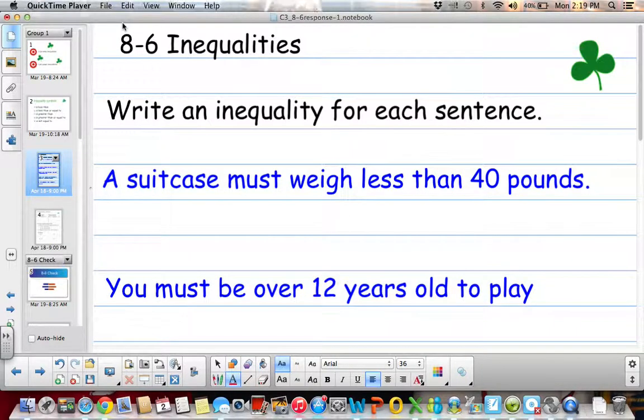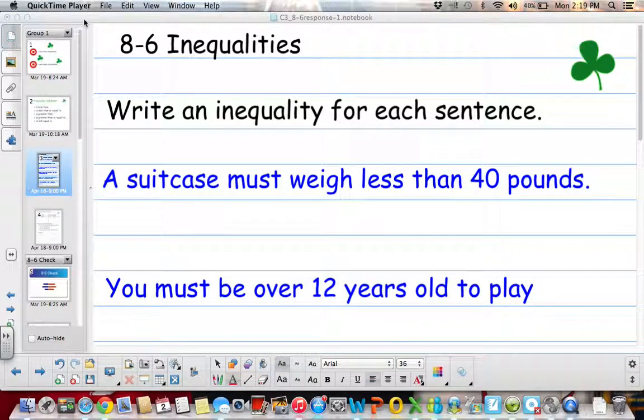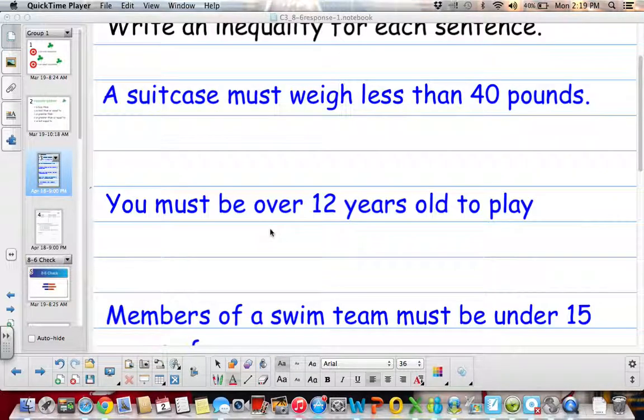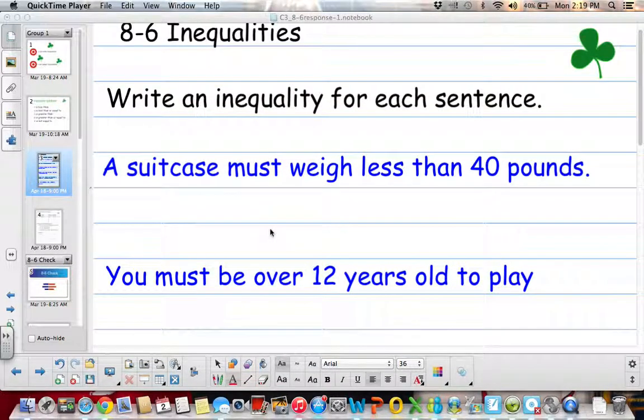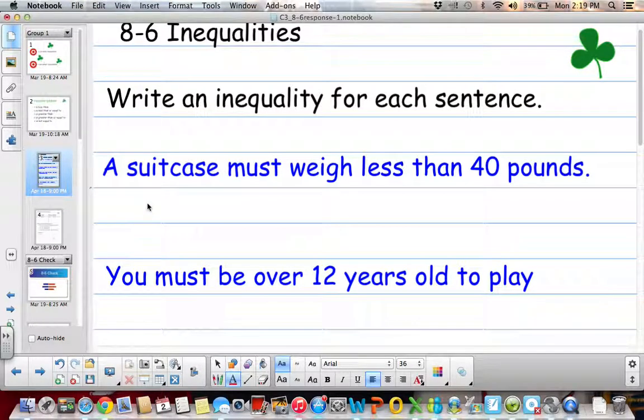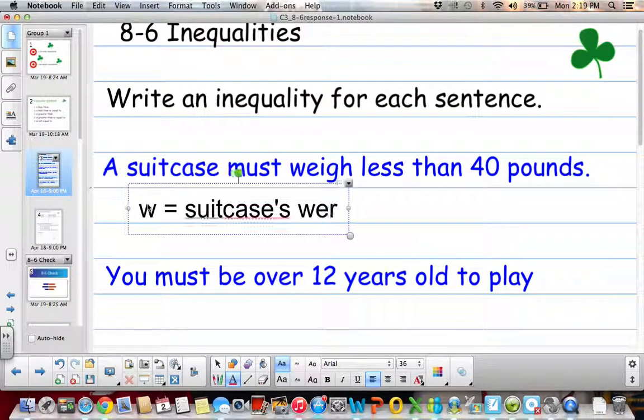So let's work on writing them. If we are given some sentences, we are going to practice writing inequalities. A suitcase must weigh less than 40 pounds. So we are going to say that W equals the suitcase's weight.